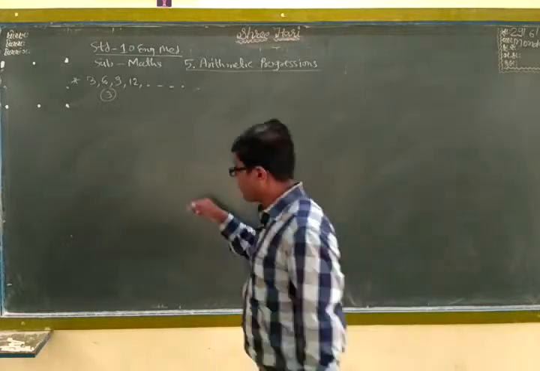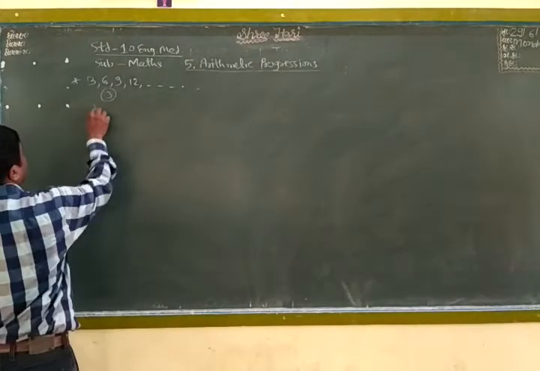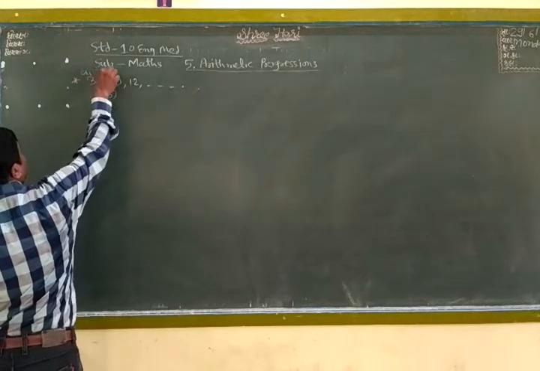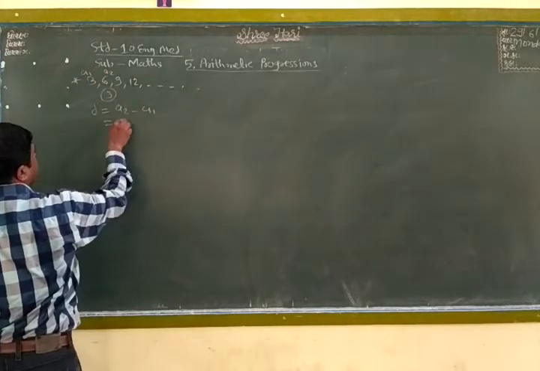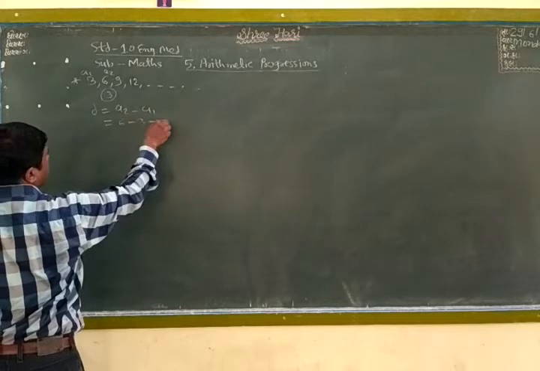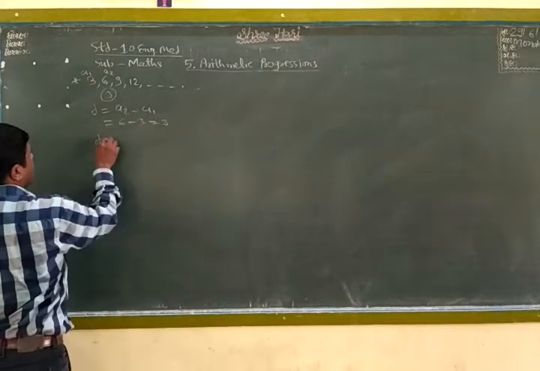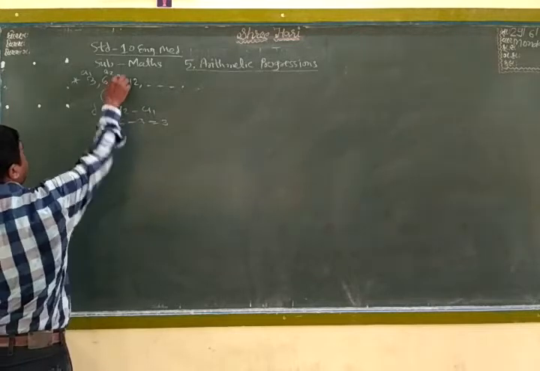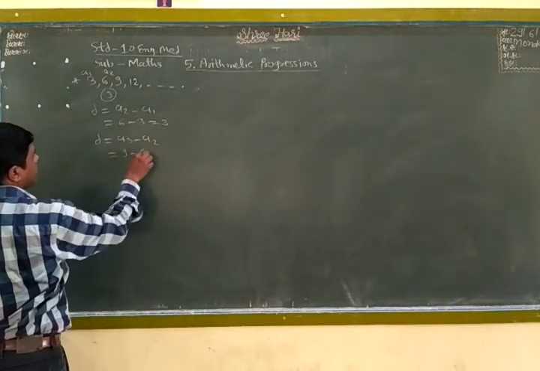This is the common difference. How do you find out D? D is found from A1, A2. So A2 minus A1, 6 minus 3, the answer is 3. Common difference is 3. Same way, A3 minus A2, 9 minus 6, so 3.